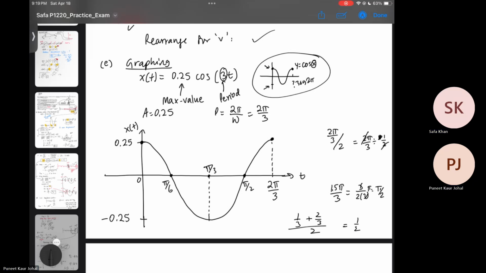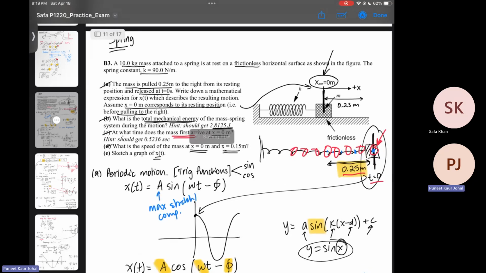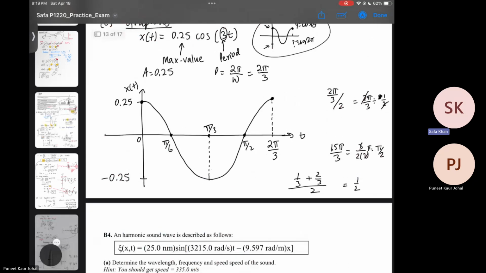Okay, does everything make sense? Yeah, so t is equal to, what's the answer for that? T has no answer. Were we supposed to find t? No, it's just sketching the graph. What do you mean by t? T is like sketch a graph of x of t.